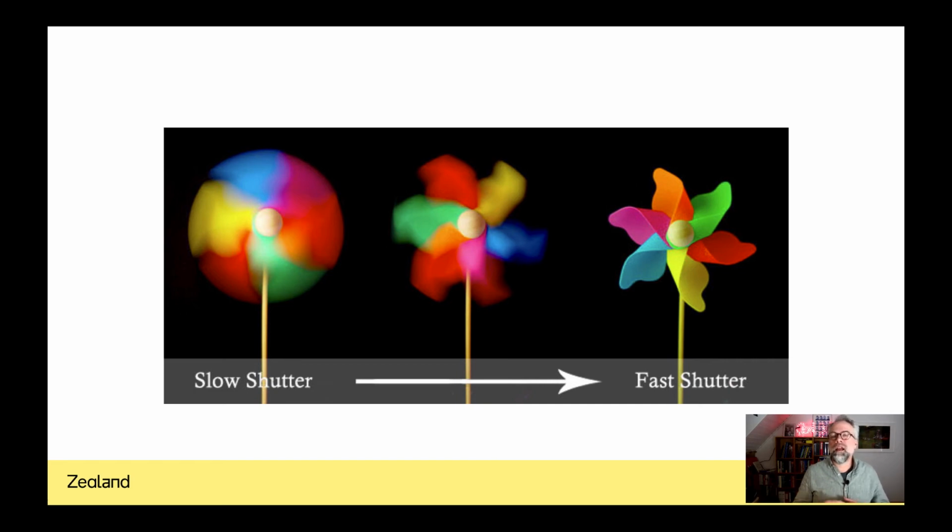And then if you make the shutter speed longer, well, then you can create this blurry effect. And as you can see here, in these three examples, you don't have to do super long shutter speeds.